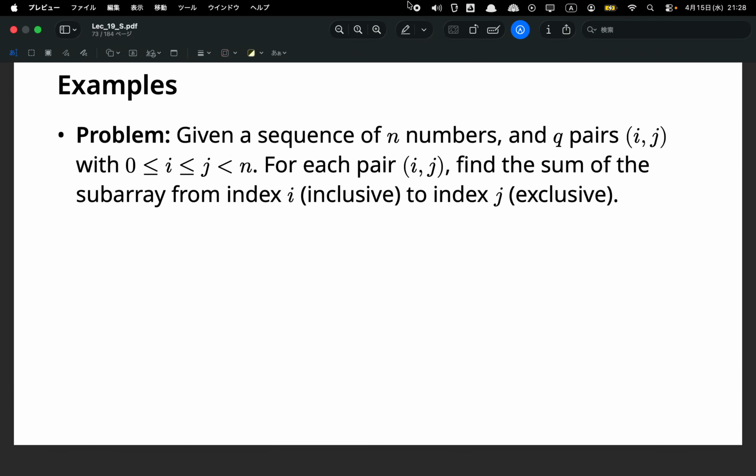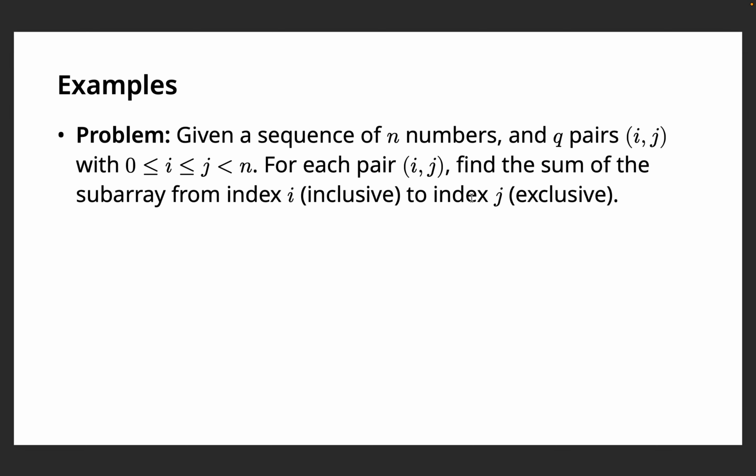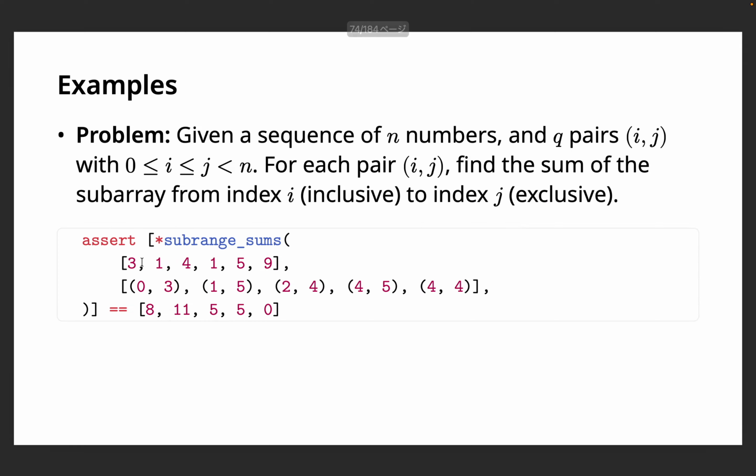Okay, so now let's look at a different problem, or a slightly related one actually. This time we have n numbers, and we also have q pairs of integers. For each of those pairs, you want to find out what the sum of the subarray from this index to this index is. For example, if you have this array or list, and you have these pairs over here, for 0 to 3, that's index 0 plus index 1 plus index 2.